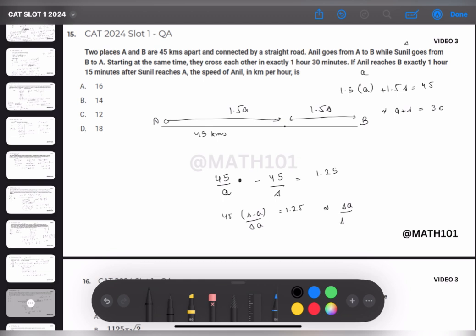SA upon S minus A is equal to 45 divided by 1.25, which is equal to 36.